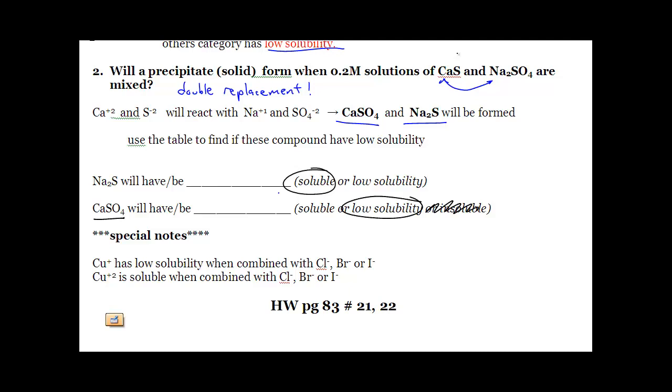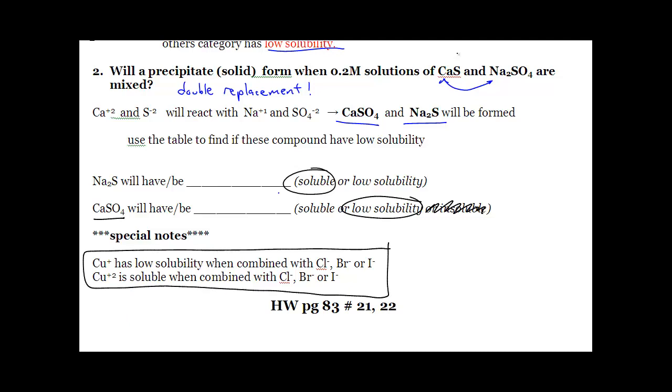We don't use the term insoluble. So you will form a precipitate. Chunky solid CaSO4 will be formed when you mix those things together. And a special note, I will burn a few of you on this test and quiz coming up. You have to pay attention to the charges. Cu plus 2 is not the same thing as Cu plus 1.